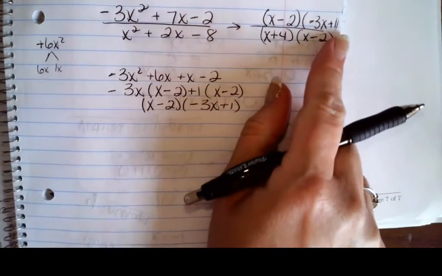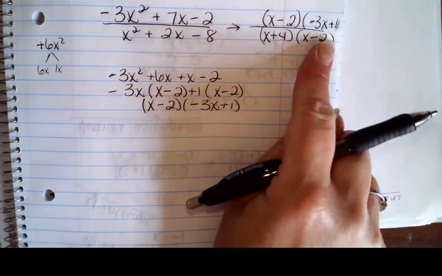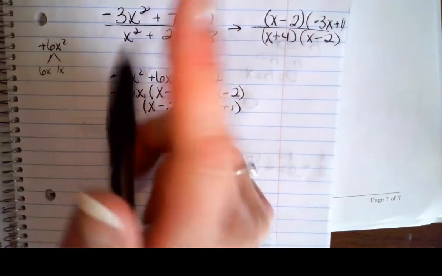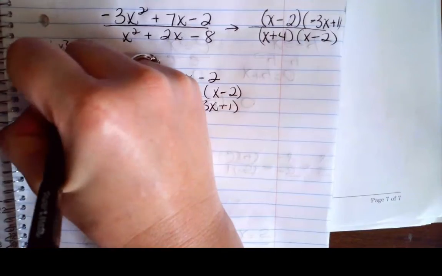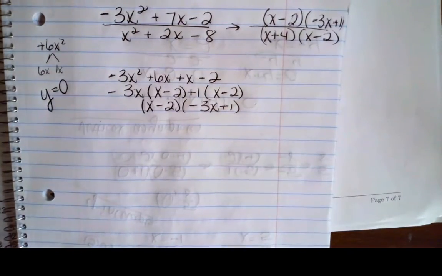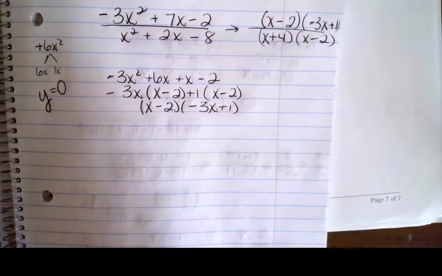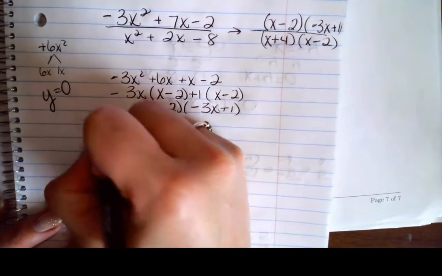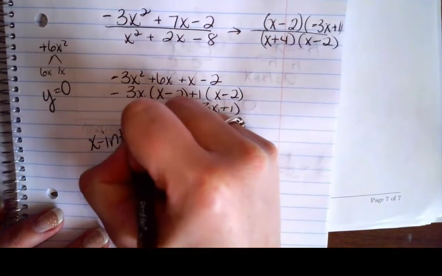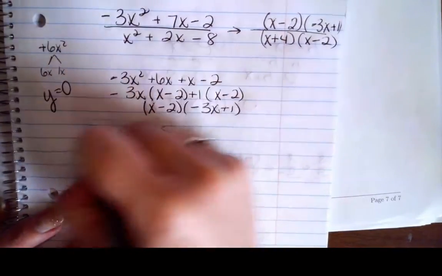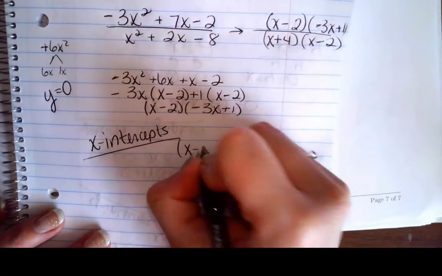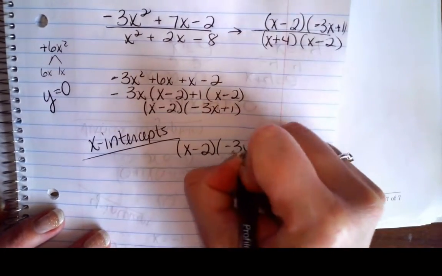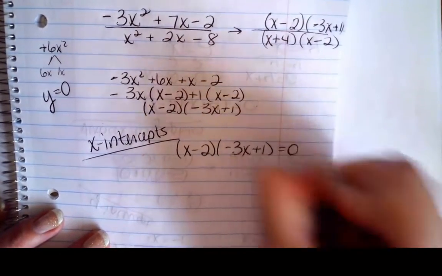Okay, so I know that this is the same degree over the same degree, which means my horizontal asymptote is at y equals 0. Now I can figure out my x-intercepts. My x-intercepts are going to be the numerator set equal to 0. So I've got x minus 2 times -3x plus 1.